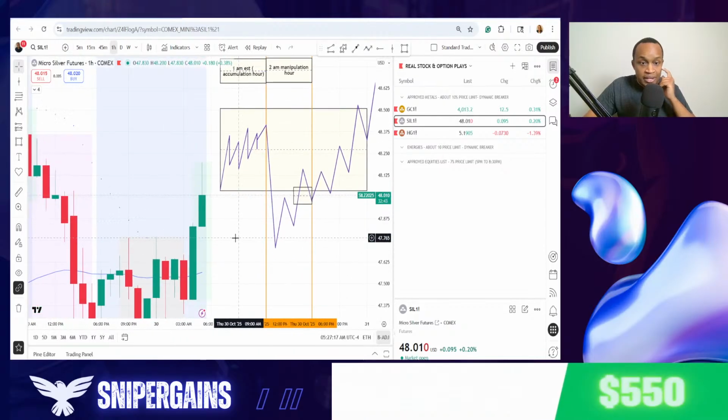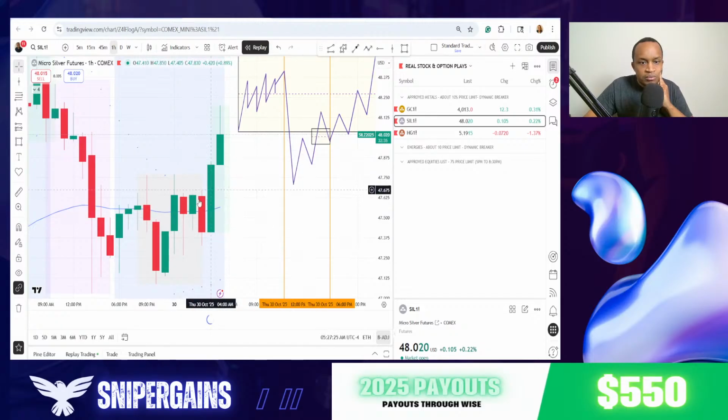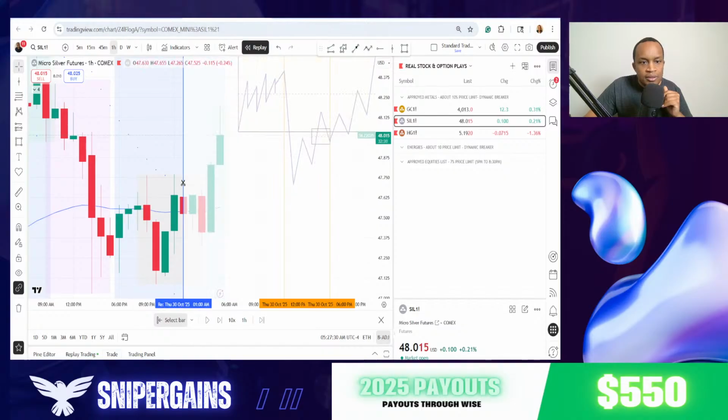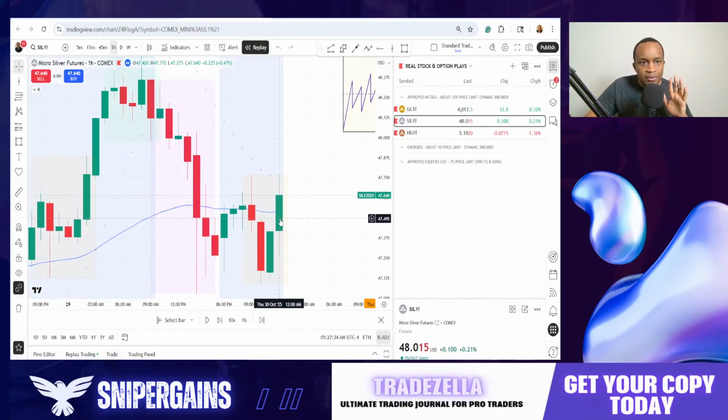So let me explain. Let's just say I wanted to isolate this candle right here. You see how this says 12, right? If I were to take the replay tool, start again, there we go. So we all agree that this is the 12 o'clock candle, right?